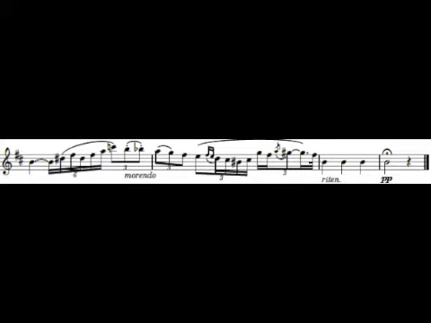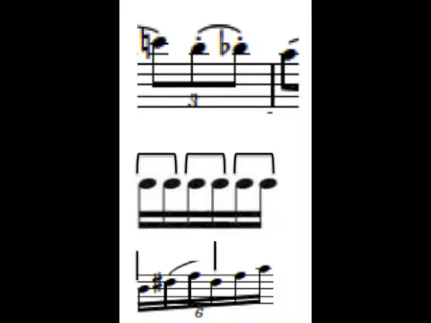So instead of having triplet, triplet, you're going to have triplet, dum. So 1, 2, 1, 2, 1, 2, 1. Try it with me. 1, 2, ready, and.